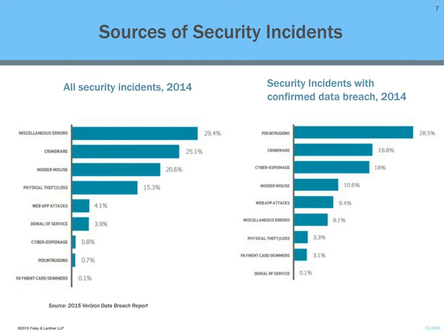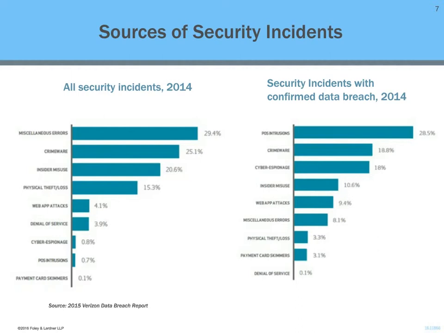The left side is all security incidents, and then the right side is security incidents that resulted in a confirmed breach. Sometimes we know there's a breach, and sometimes we don't. But as you can see, miscellaneous errors, which is basically employee mistakes, like picking up the USB and putting it in a drive, or posting sensitive information online to an unsecure site when they shouldn't and didn't mean to, are a very prominent cause of security incidents.